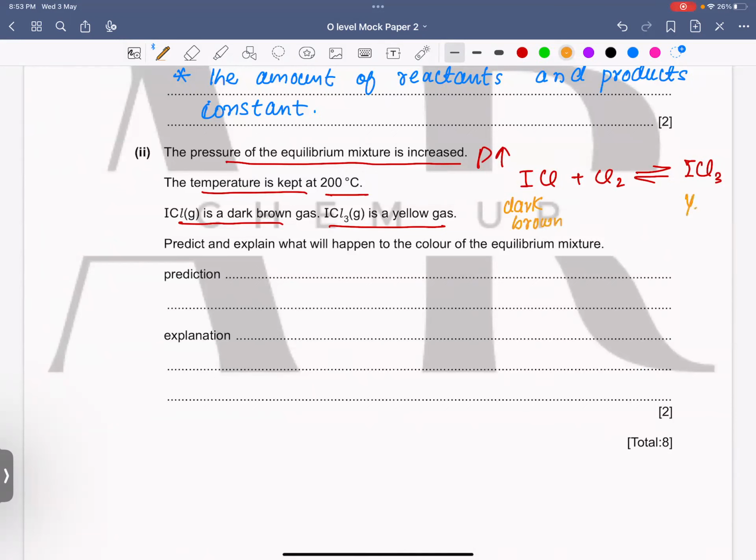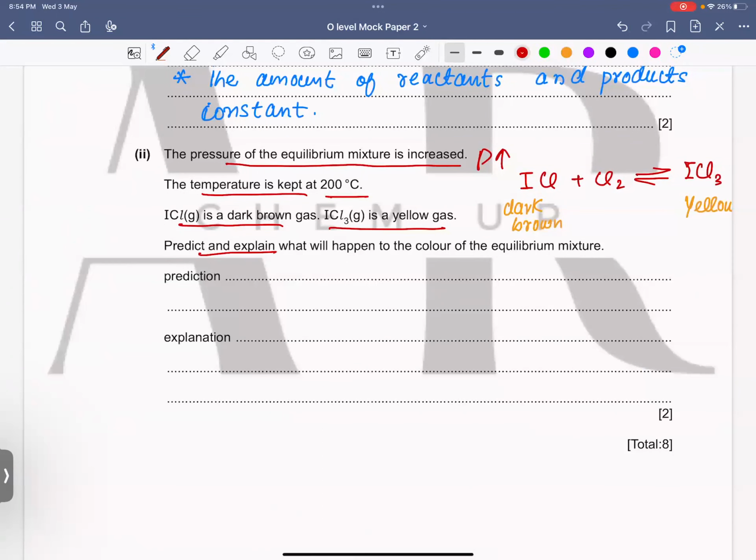If the equilibrium shifts towards the right, there would be more ICl3 molecules, so the color of the whole container becomes yellow. And if the equilibrium shifts towards the left, then there would be more ICl molecules in the mixture, so the container's color becomes dark brown.